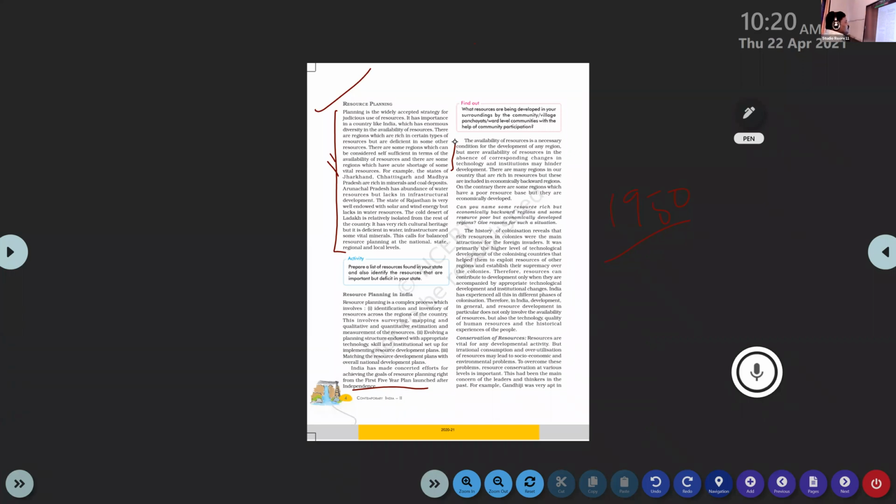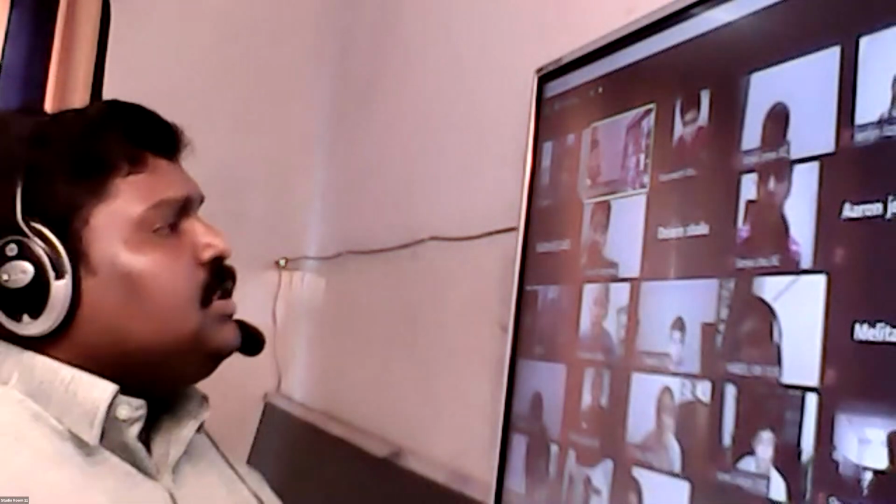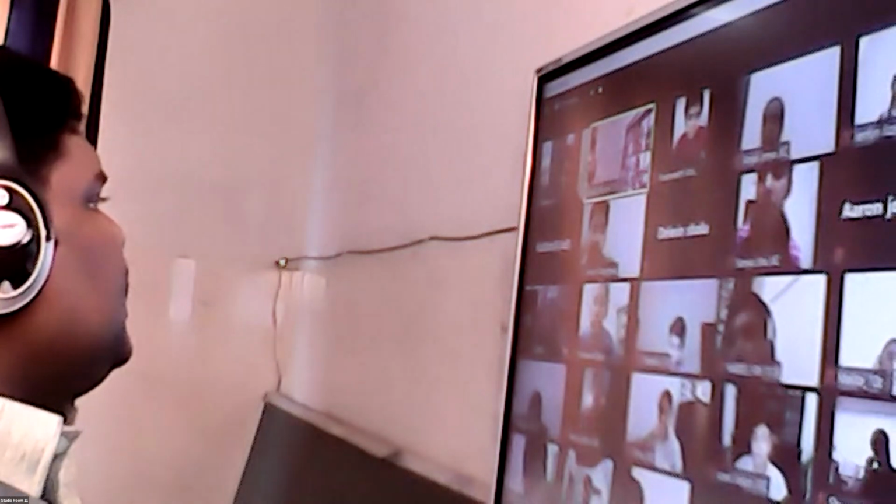On the contrary, there are some regions which have a poor resource base but are economically developed. There are regions where there are no resources, but the people are economically developed. Clear? Many reasons are there.